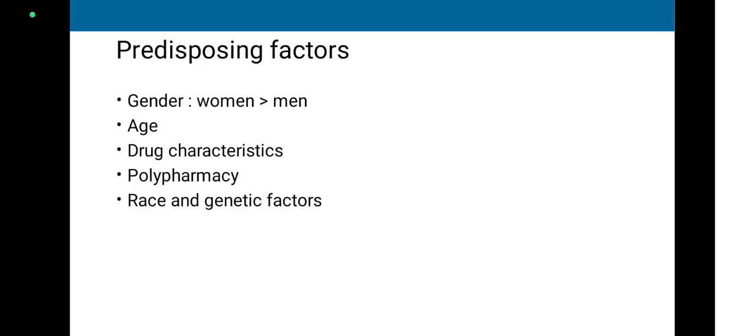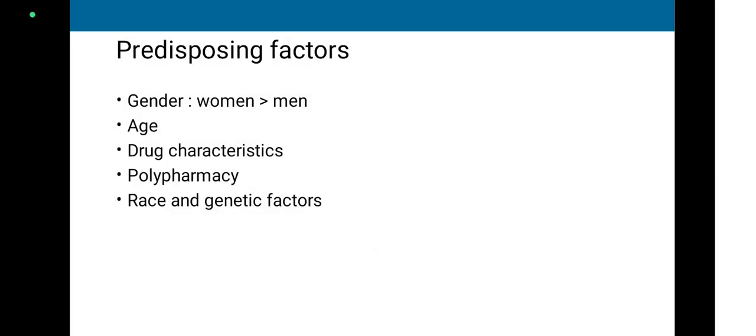If the patient is taking multiple drugs, there are chances of drug interaction which can predispose to the occurrence of an ADR. So, taking multiple drugs, that is polypharmacy, significantly increases the risk of developing an ADR. Next is biological makeup, race, genetic factors. All these factors play a great role in drug metabolism that itself can cause occurrence of ADR.